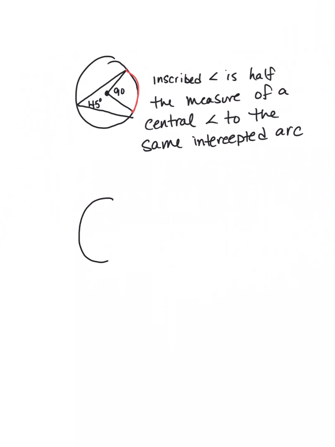The other thing is, let's say I have an angle inscribed to this arc, this blue arc. So I have some angle inscribed to this arc. Let me make it green. Well, can't I have another angle inscribed to that arc? In fact, can I have an infinite number of angles inscribed to that arc?